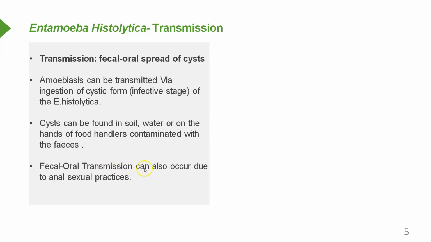Fecal-oral transmission can also occur due to anal sexual practices. The incubation period for amoebiasis may range from 2 to 4 weeks, but it can even go from a few days to years.